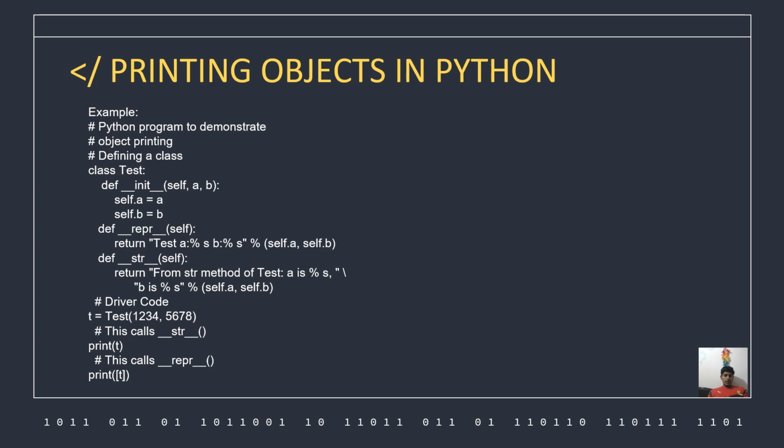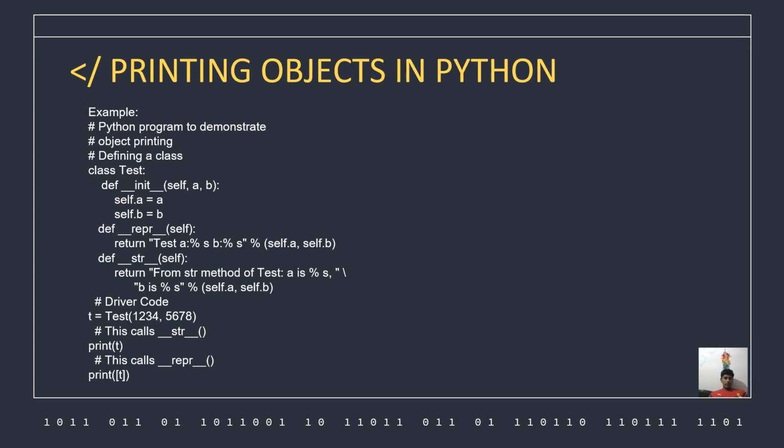Define repr of self, return. First of Test a is %s, b is %s, and in the bracket self.a comma self.b. Define str of self. Return from str method of Test a is %s.